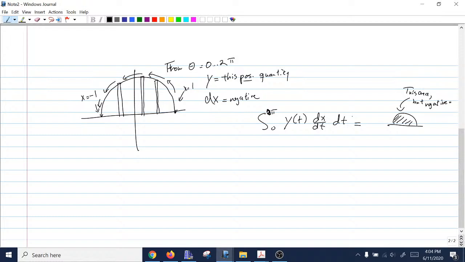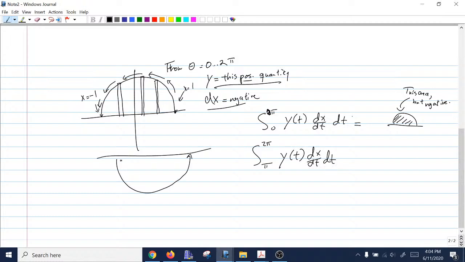And keeping track of the fact that it's negative because my y is giving me a positive, my dx is giving me a negative. What happens if I integrate from pi to 2 pi? From here to here, along this part, y is negative.